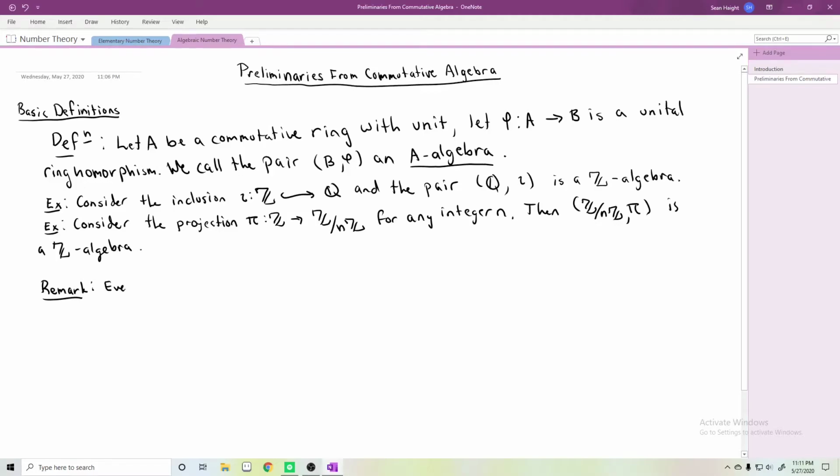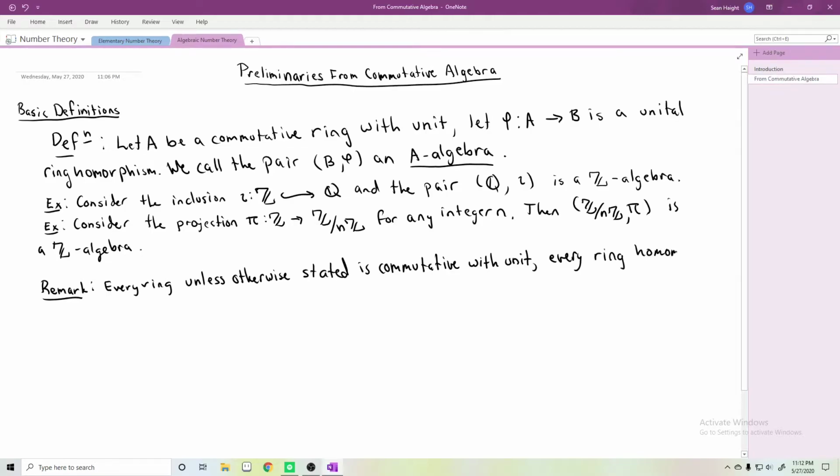And I should also say every ring homomorphism is unital.